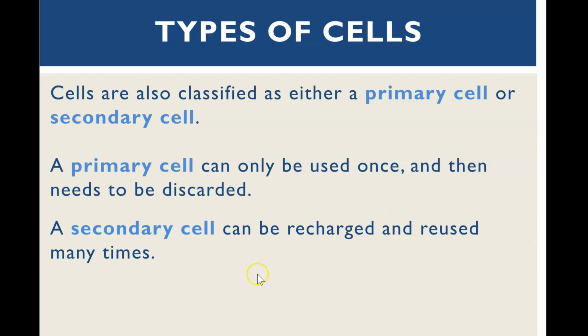A secondary cell is one that can be recharged and reused many times. So basically you plug that secondary cell into a charger, and the electrochemical reactions that have taken place within the cell are reversed, so that those reactants can react again, and they will keep doing this until it can't be charged anymore.